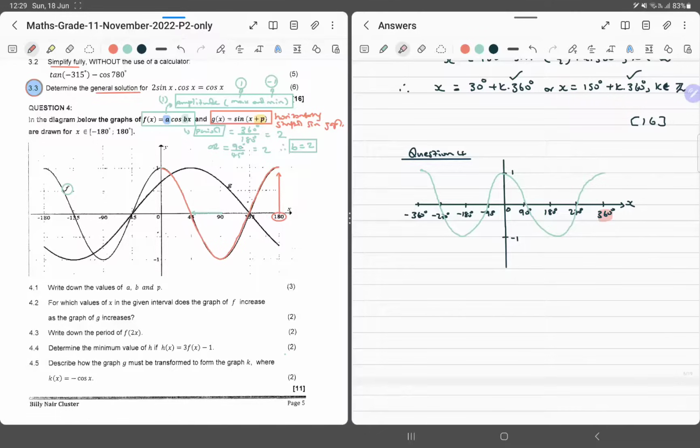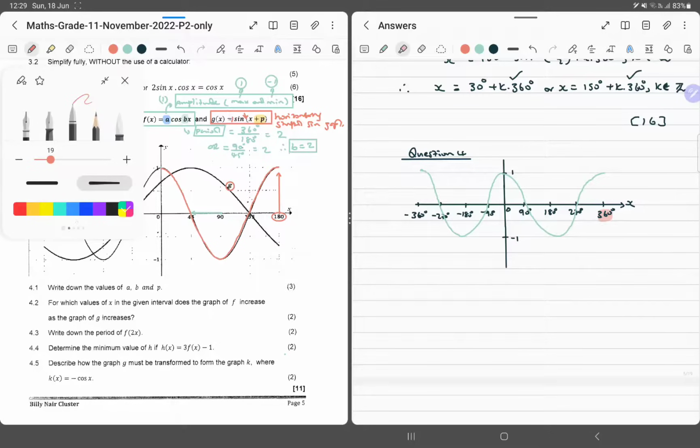So this is the standard sine graph because the amplitude is 1. The coefficient of the angle is 1. So that means its period is still 360. Nothing changes. But we've just horizontally shifted it. We don't know whether to the left or to the right. But then we have to look into what is given. So there is our function of g.